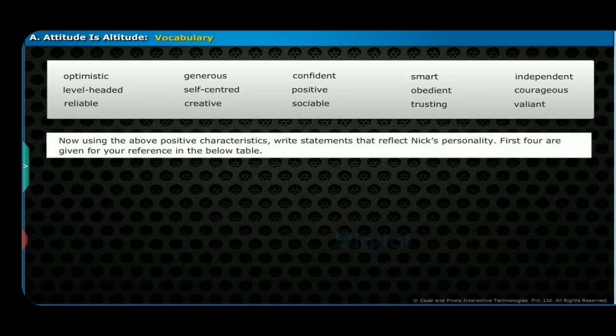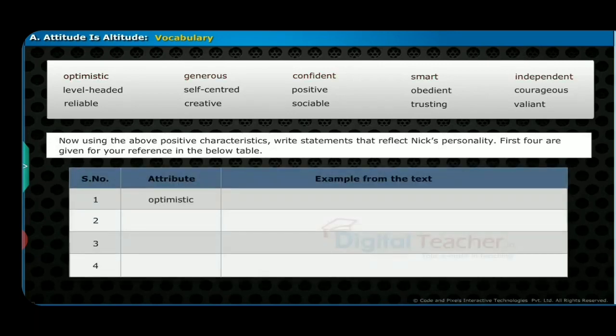Now, using the above positive characteristics, write statements that reflect Nick's personality. The first 4 are given for your reference in the below table.